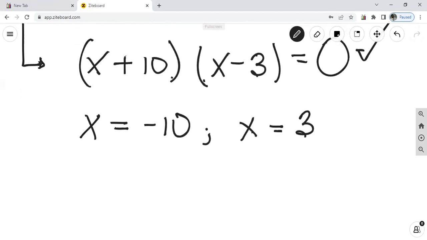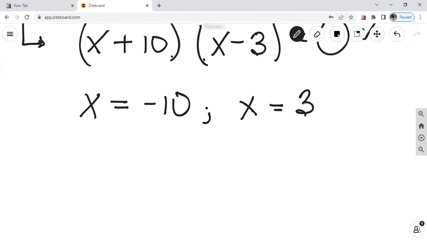Now, at this point, it will be good to check which to use. Are you to choose the two values? Will it be correct? Or maybe just one? So we need to check which will be the solution. Remember, as mentioned earlier, we are dealing with strictly real numbers, and we want the square root of a number to be a real number.